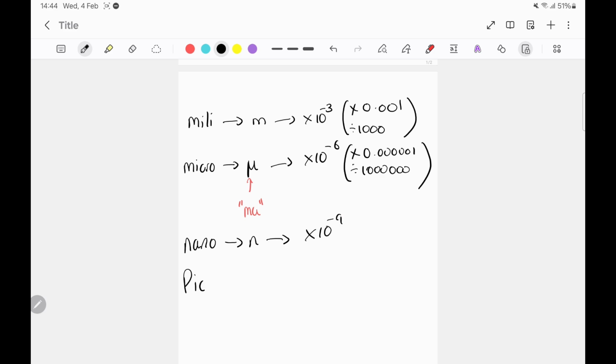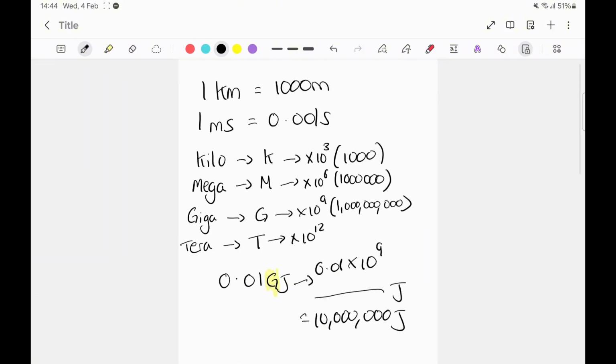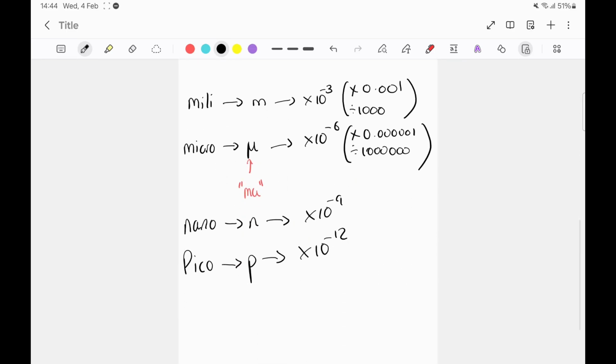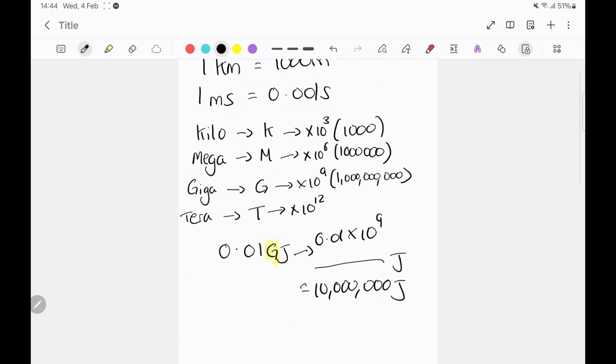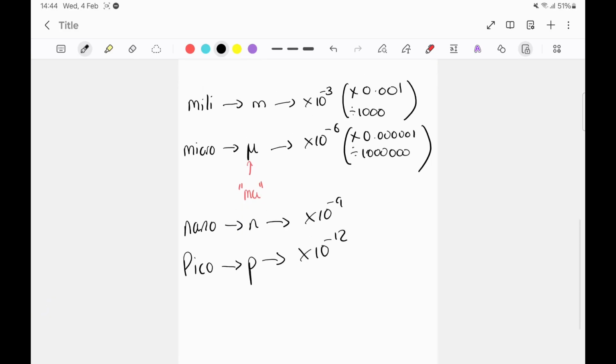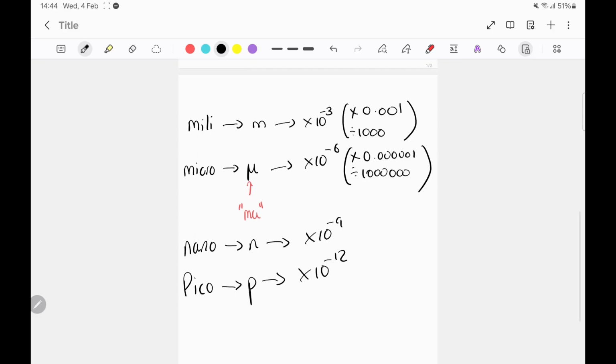And then there is pico, which is a p, which is times 10 to the minus 12. You'll notice the pattern's similar to what we had up here, where it goes 3, 6, 9, 12, but it's now minus 3, minus 6, minus 9, minus 12, which means you can either think of it as multiplying by this decimal, or dividing by this number. So if it's 3, it's 1,000, and if it's minus 3, it's divided by 1,000. The safest bet is, again, to put these into your calculator and let that sort it out for you.